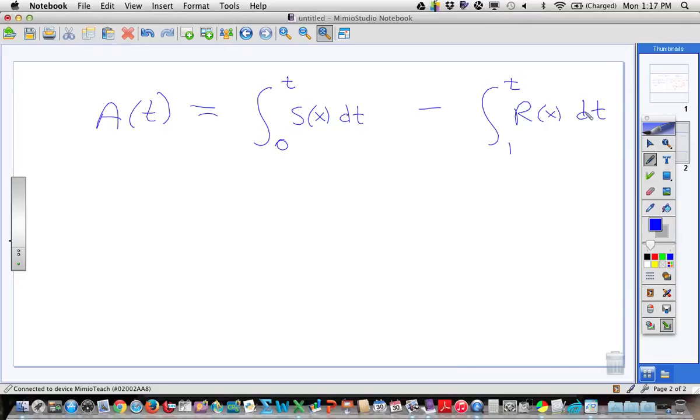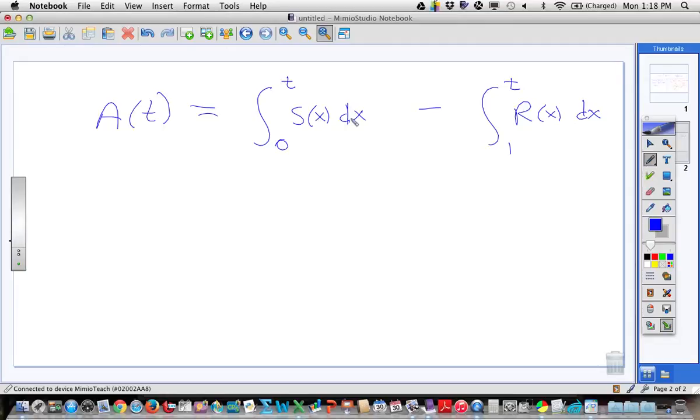I've seen this on the AP test. I've seen this as one of the questions. Write an expression. It's dx, yes. Write an expression involving integrals that gives the amount of sand in the bin at any time t, because this is the amount we said that went in minus the amount that went out at a certain time.